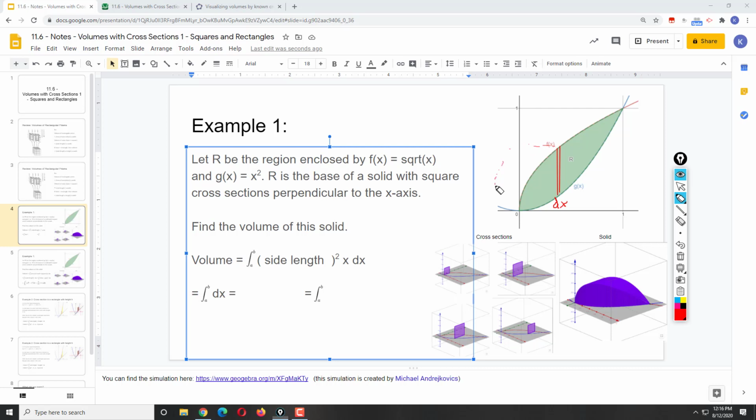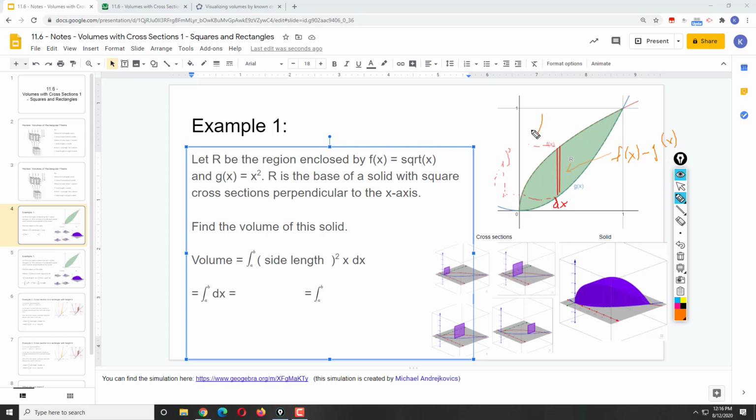So we have a square sticking out like that. Well, what is this? Let's use a different color. What is this? This has to be f of x minus g of x.